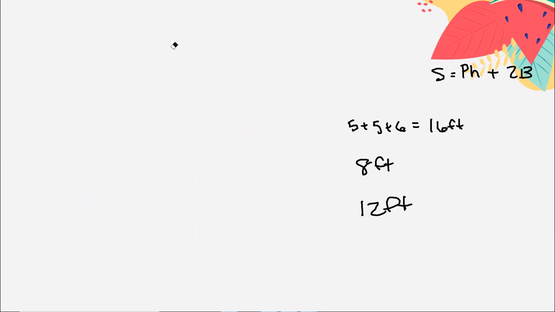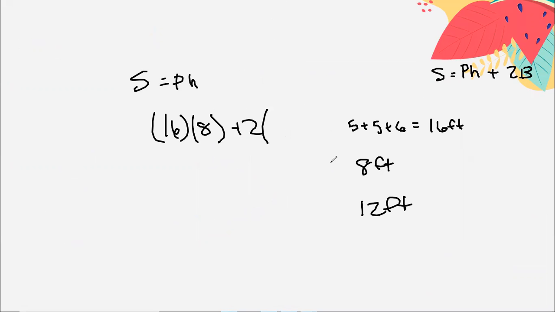So our perimeter was 16. H is 8 plus 2, and then B is 12. Is that what you plugged in, Andrew?